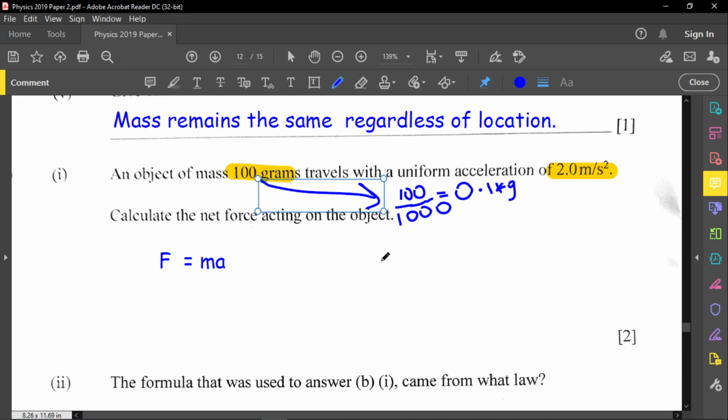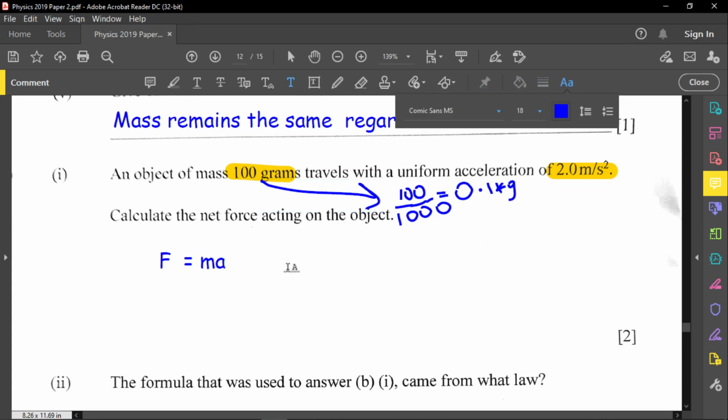Now we can calculate our force. Our force will be mass times acceleration. So F, our force, is equal to 0.1 multiplied by our acceleration, which is 2.